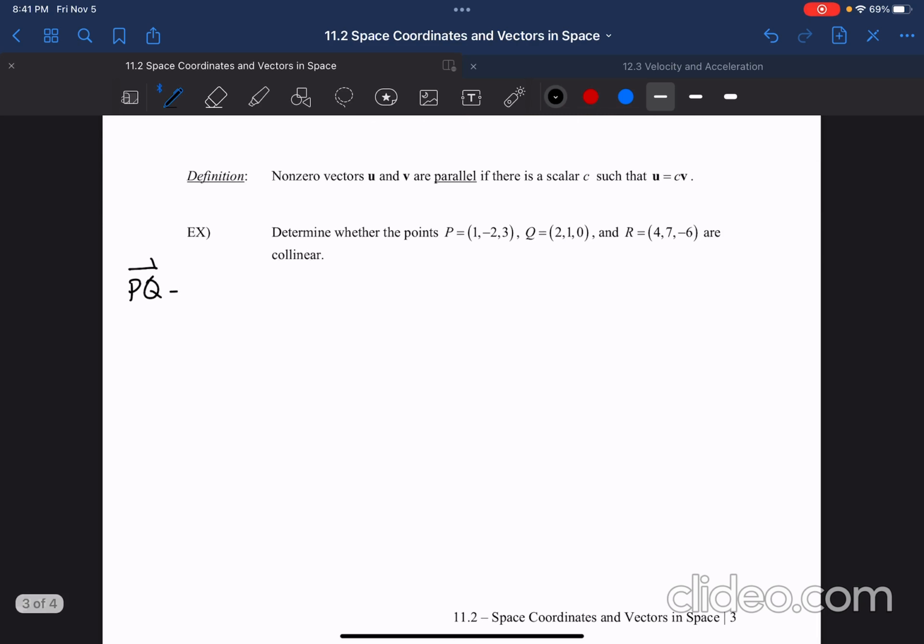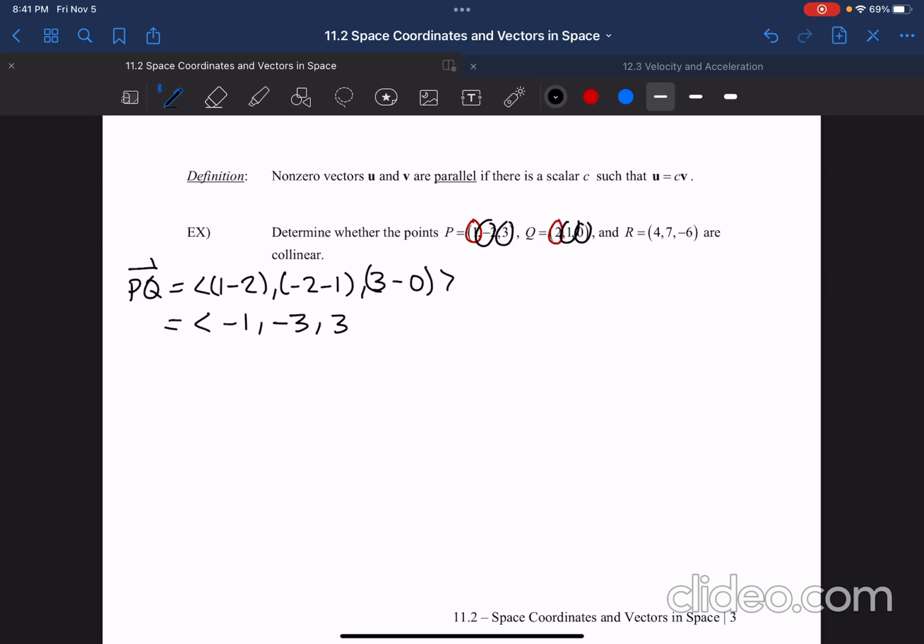P to Q would be 1 minus 2, comma, minus 2 minus 1, comma, 3 minus 0, equals minus 1, minus 3, 3.